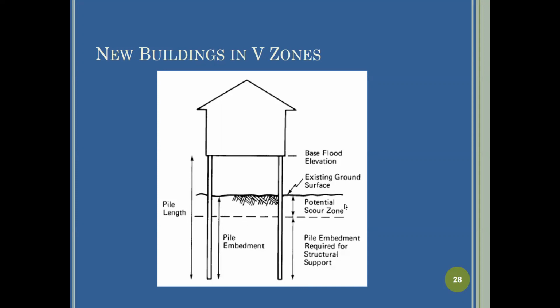The storm's already scoured away several feet of the ground underneath your structure in the middle of the storm, or in the middle of a flood, if you're along the Mississippi River, for example. This is all scoured away. You still need to have adequate structural embedment for that piling.